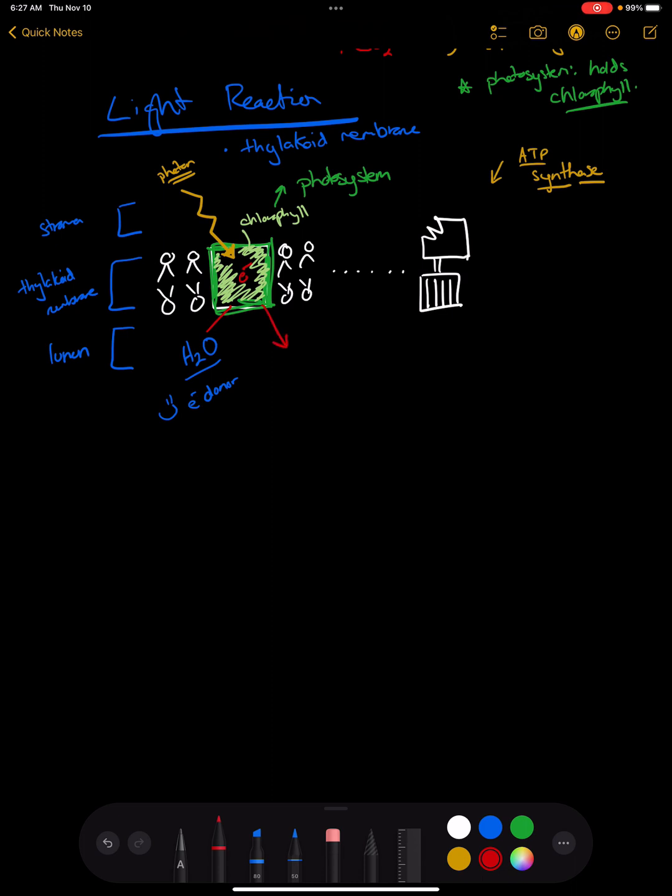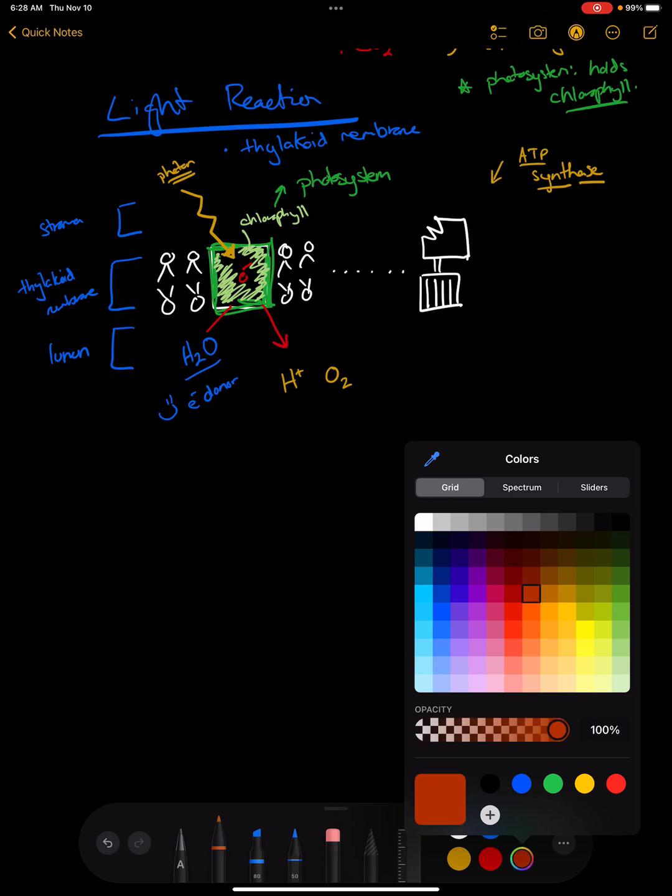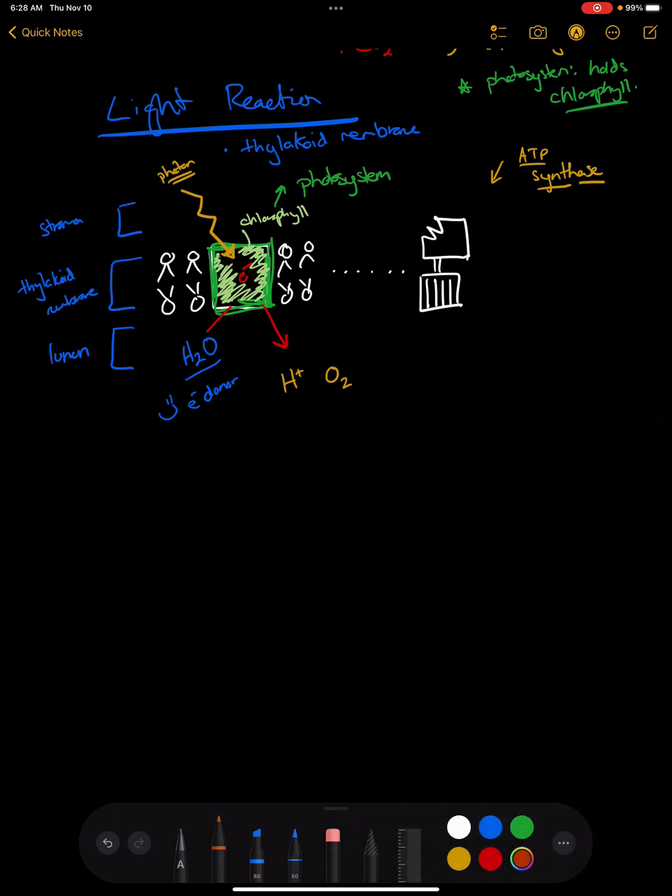And when you get the electrons, that's going to break it apart. Well, what's H2O made of? So it's going to break apart into hydrogens, and also into oxygens, right? And that's where the oxygen that we breathe comes from. So this oxygen that was created right here because the sunlight came in, excited the chlorophyll, and broke the water apart, that's how we get to breathe. So now this oxygen is going to come out to us.